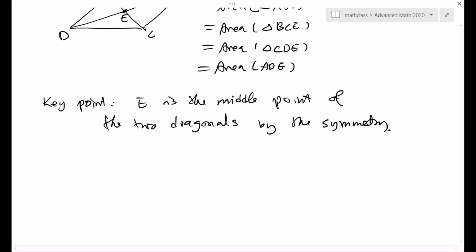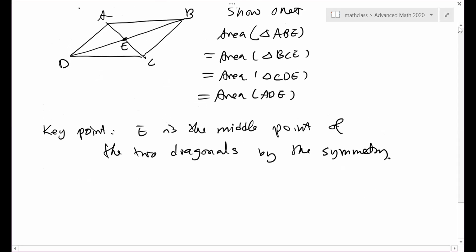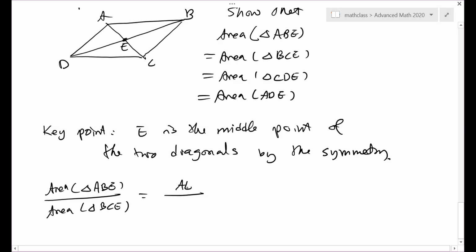Why do these triangles have the same area? I just want to prove that the area of triangle ABE compared with the area of triangle BCE should be equal to AE over EC.